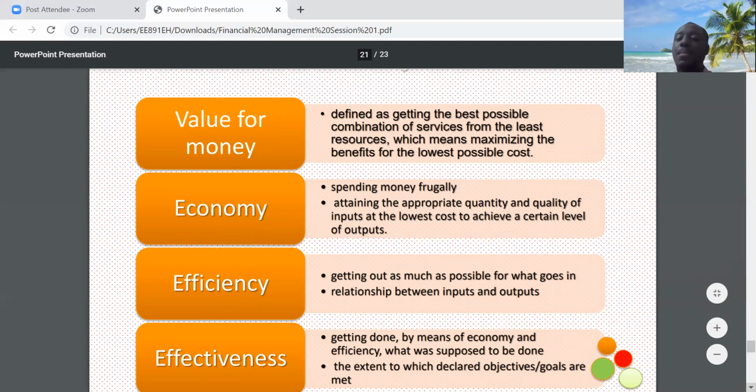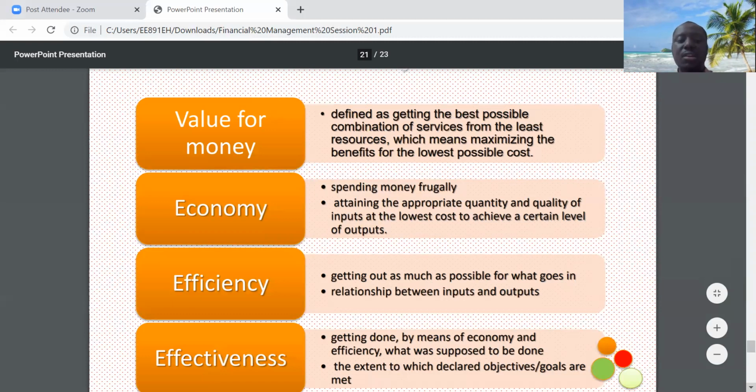Economy means spending money frugally. You can also explain it as attaining the appropriate quantity and quality of inputs at the lowest cost. So it's all about low cost. Just like the economy section of an airplane, low cost, spending money frugally.